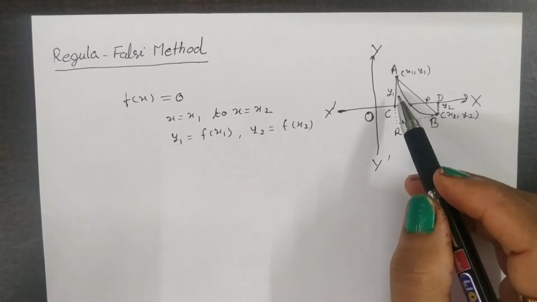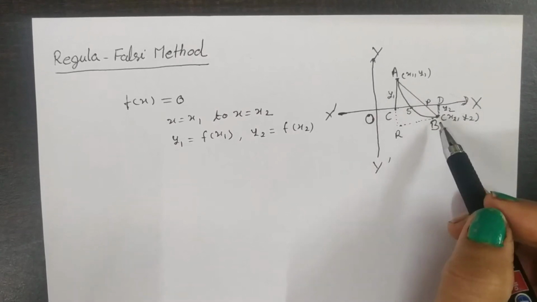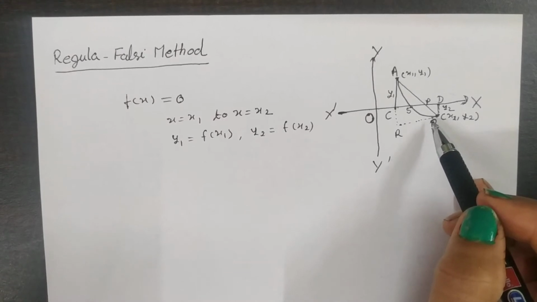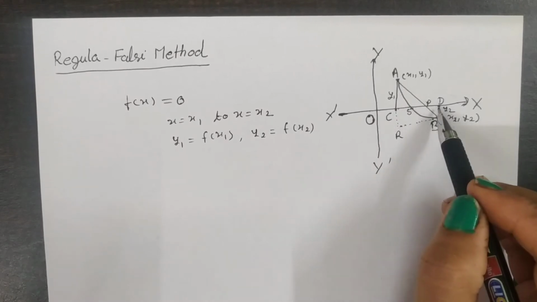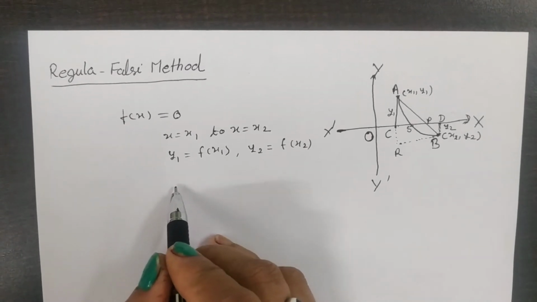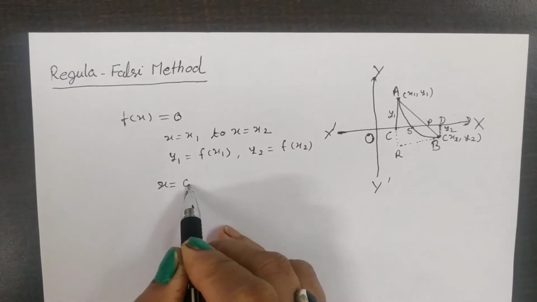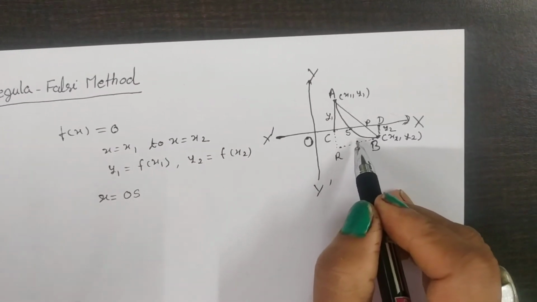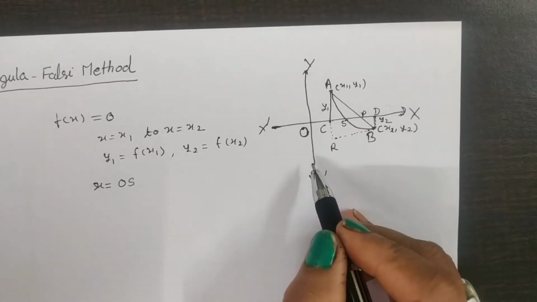Now we plot the curve AB, and AB is the chord. The whole curve is defined in the interval CD. Suppose x = OS is the actual value of the root.